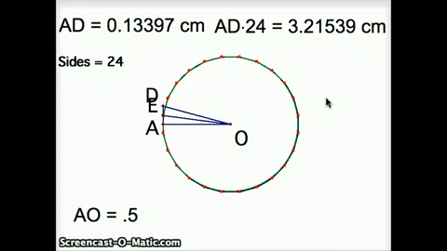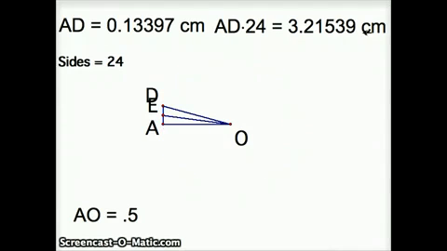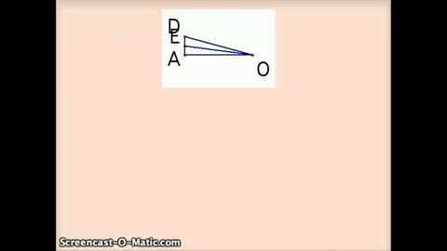You could use the Pythagorean theorem, 0.13397 squared plus 0.5 squared, and take the square root of that. OD is going to have a length of 0.51764. We're going to use these things to calculate the length of AE. And once I have the length of AE, I'm going to multiply that by 48, and that's going to give me an even better approximation for pi.